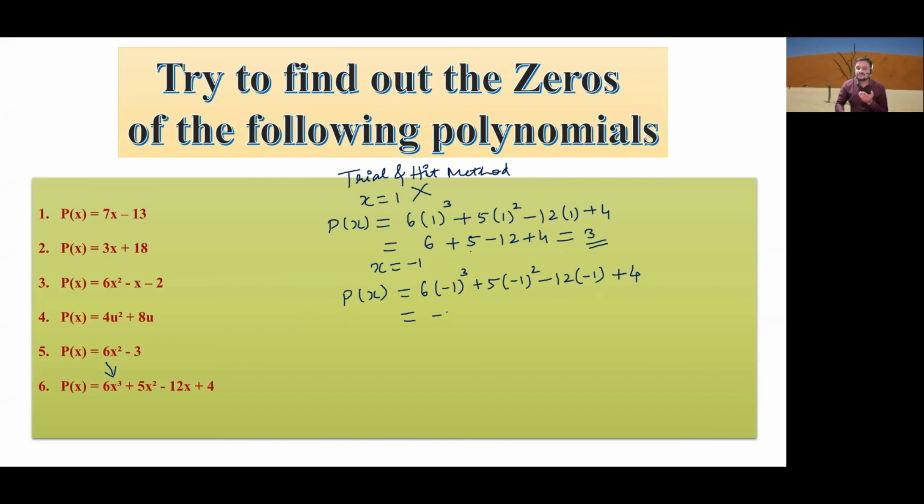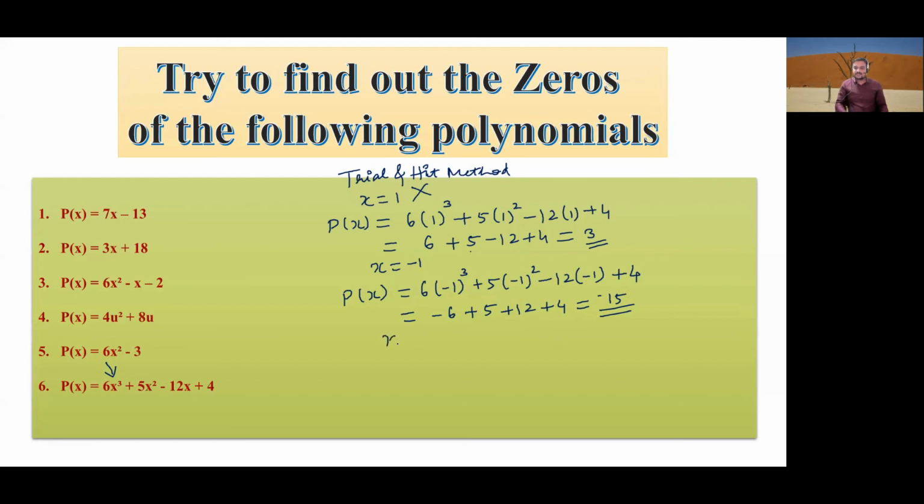It is minus 1. So this will be minus 6. This will be plus 5. This will be plus 12. And this will be plus 4. So again, we will not get 0 here. We will get some other value. Like we will get 16 plus 5 is 21. 21 minus 6. What is 21 minus 6? 15, I guess. Okay. So again, we are not getting 0 here.